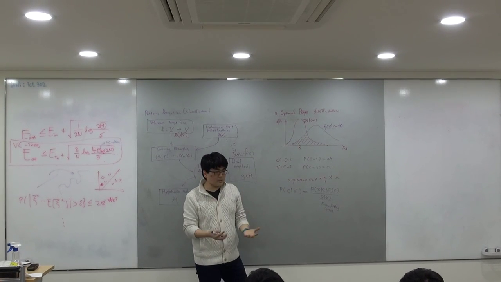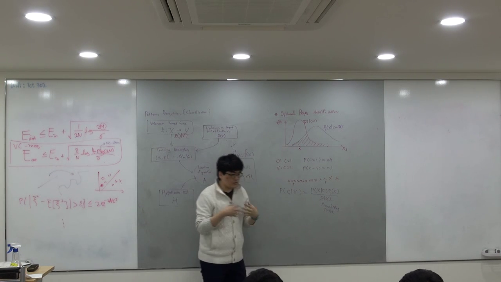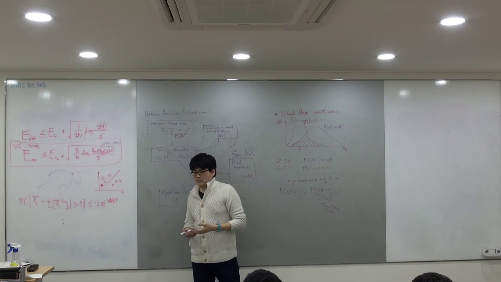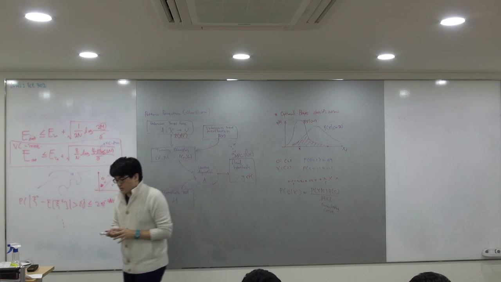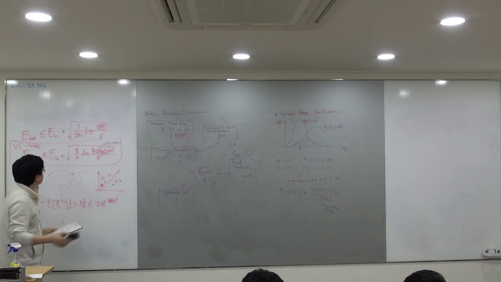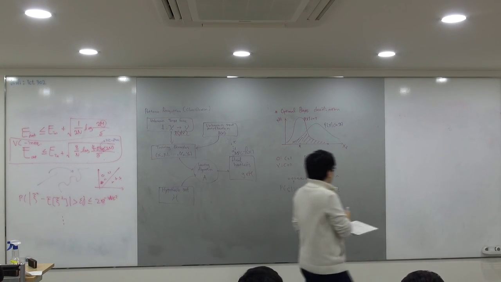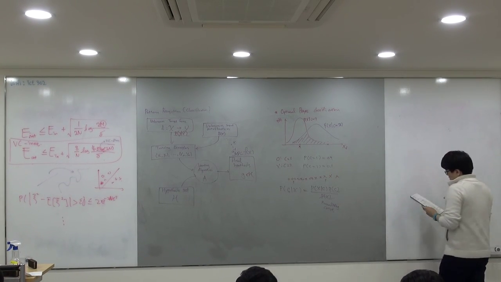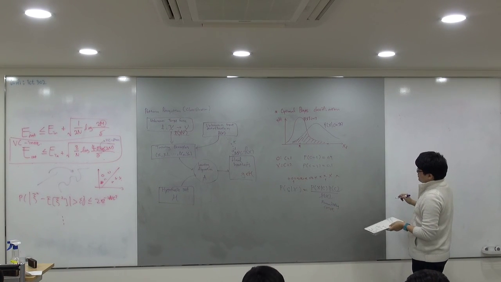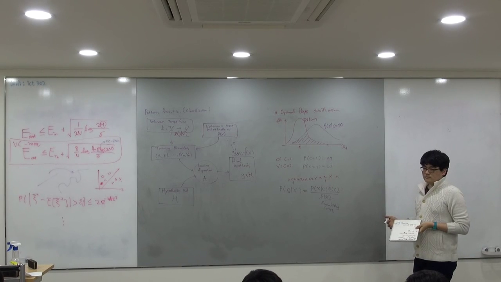You first estimate the distribution and compare, and you do the optimal Bayes classification. So what you need to do is estimate the probability density.